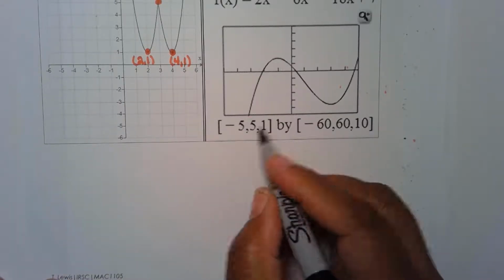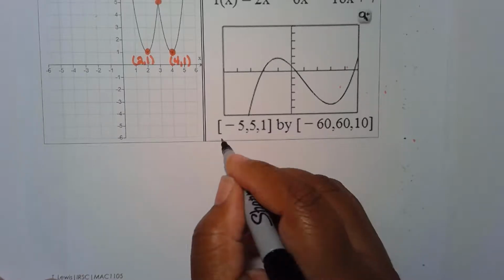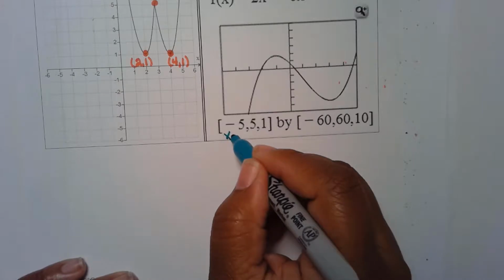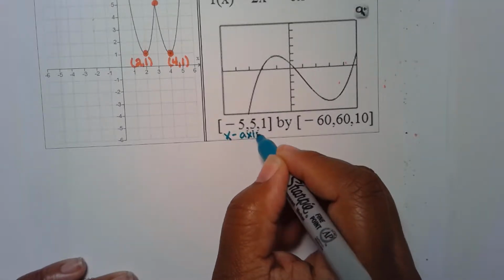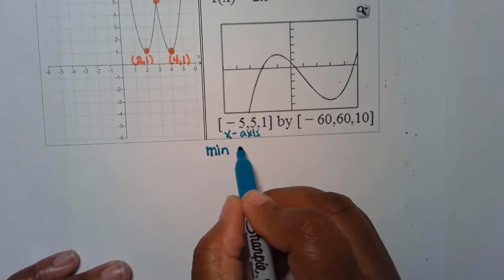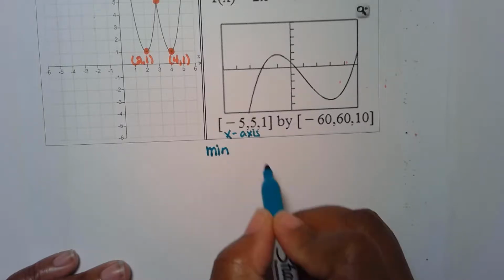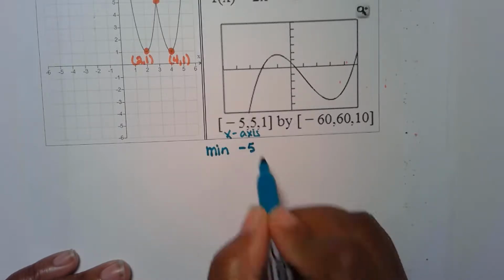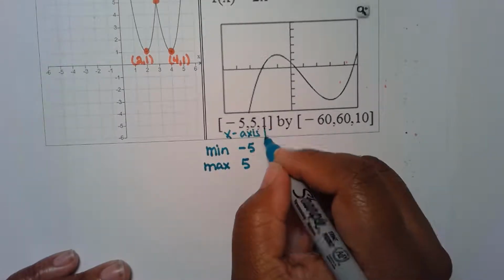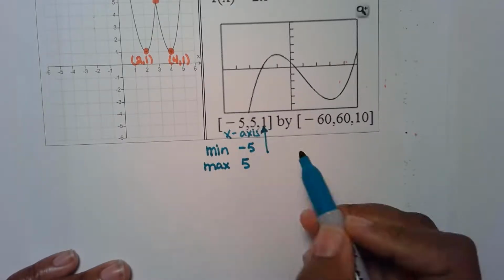This first box, the bracket, represents your x values, or I should say your x-axis, meaning your minimum x value is -5 on the x-axis. The maximum is +5.